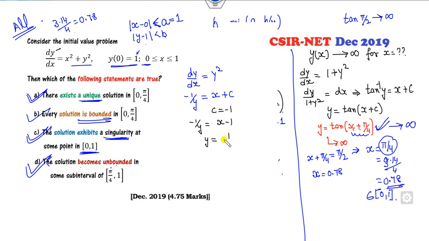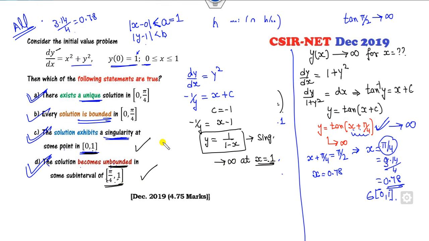So clearly this solution goes to infinity at x equal to 1 and it lies in the closed interval. So this solution again has a singularity at x equal to 1, which is part of this, and it has an unbounded solution, because it's a closed interval. Pi by 4 also lies in the closed interval, and 1 also lies in this closed interval. So that's why you can choose any value in between them.